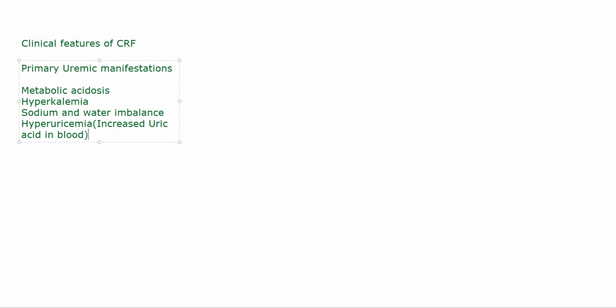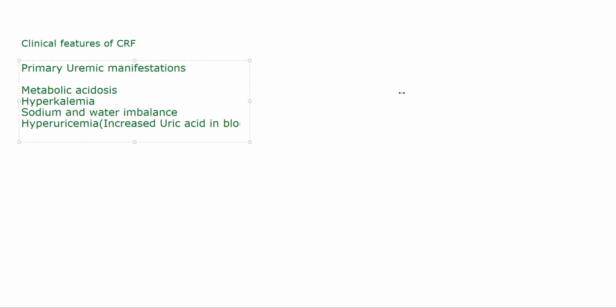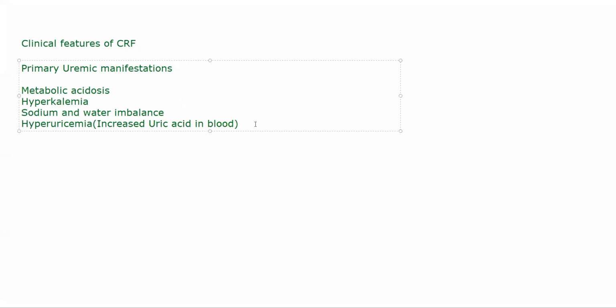Primary manifestations all include waste products which are supposed to be thrown out in your urine not being excreted out, causing manifestations. Okay. Along with this, the patient will also have azotemia, wherein they have not only uric acid but also urea, creatinine, and phenols accumulating in their blood, and their levels are significantly increasing.